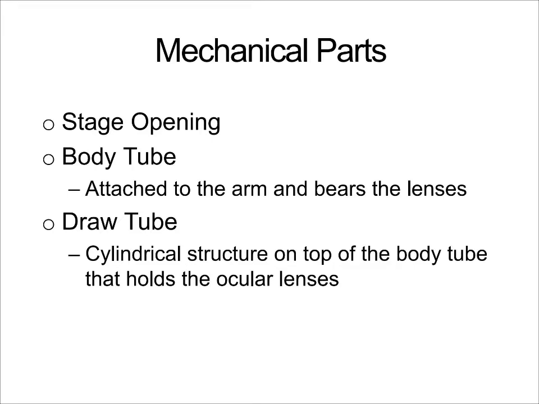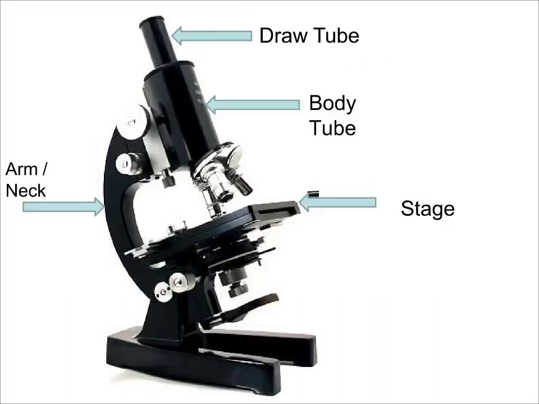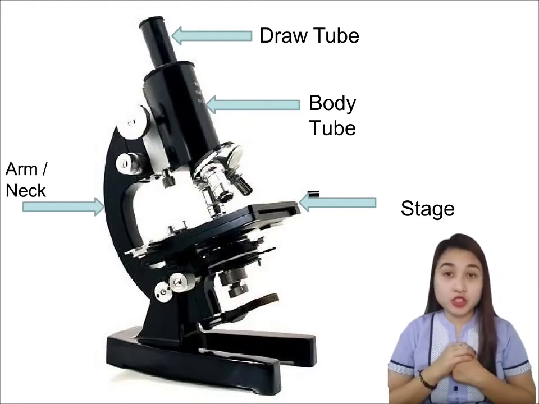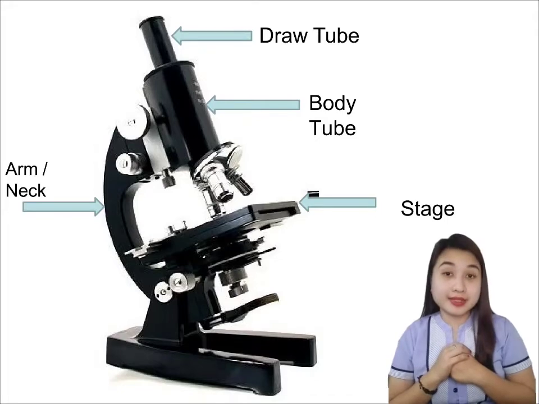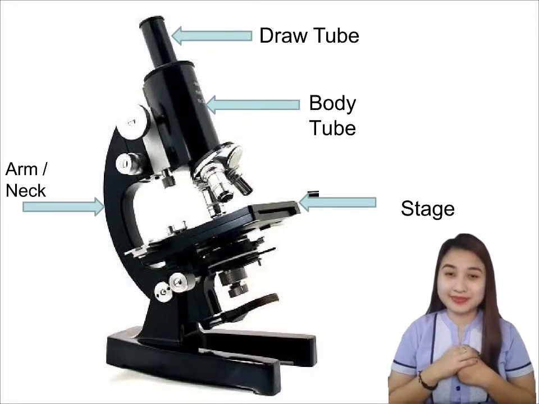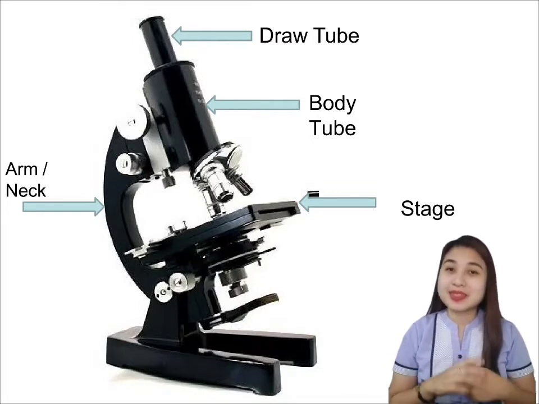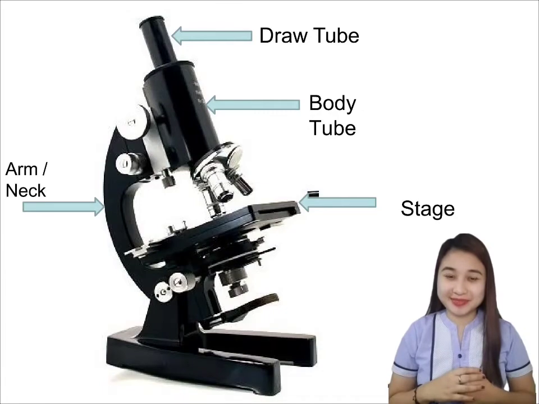Body tube attached to the arm and bears the lenses. Draw tube, cylindrical structure on top of the body tube that holds the ocular lenses. Thank you po. Look at the picture. That's the body tube, draw tube, stage, and the neck. They are the ones who also support the microscope, the mechanical parts.